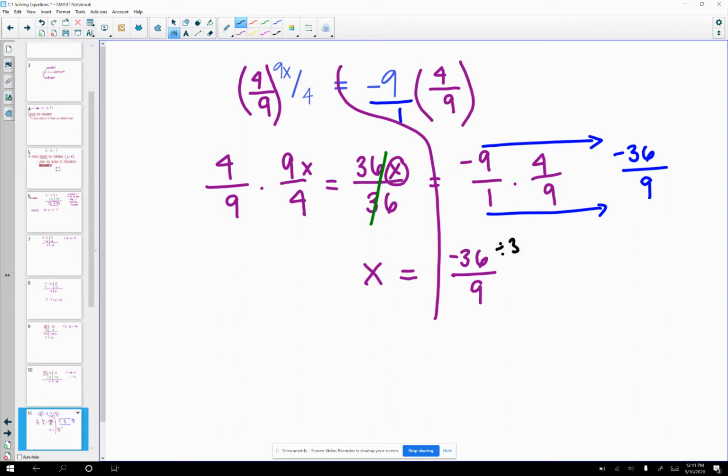So I'm going to divide by 3 up top and I'm going to divide by 3 in the bottom, which gets me negative 12 over 3. And I can still do it again and divide each by 3. And that would get me negative 4 over 1. Or you can just write x equals negative 4.